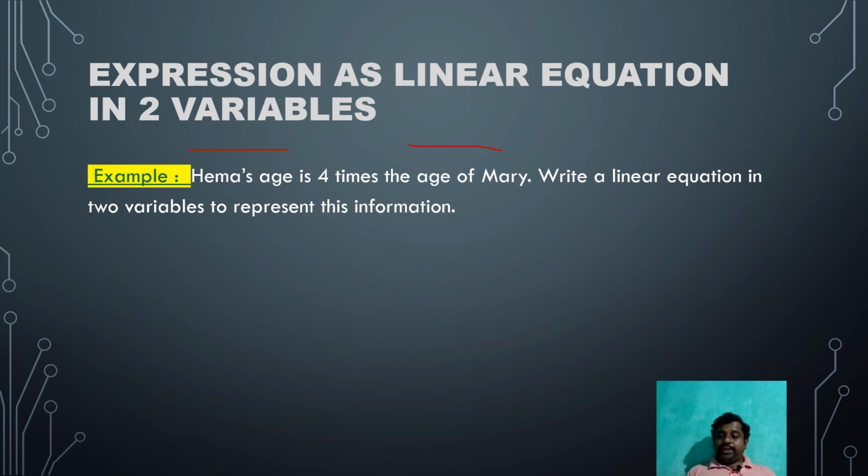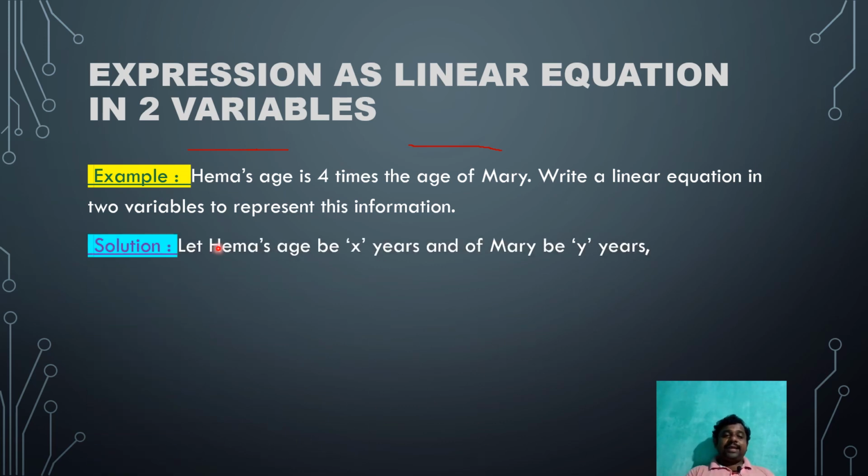Now we can take A, B, C, X, Y, Z as unknown quantities. Let Hama's age be X years and that of Mary be Y years.